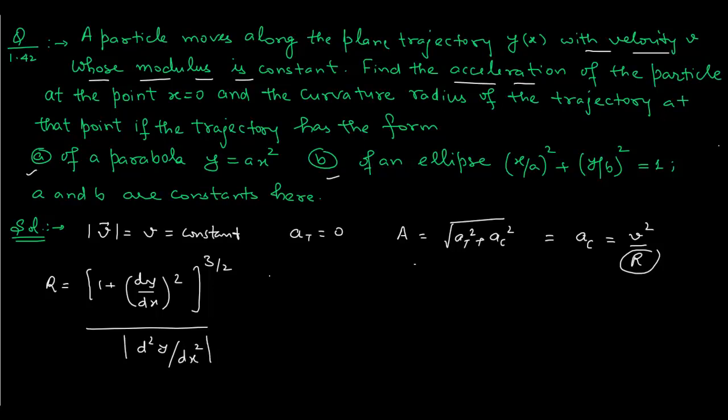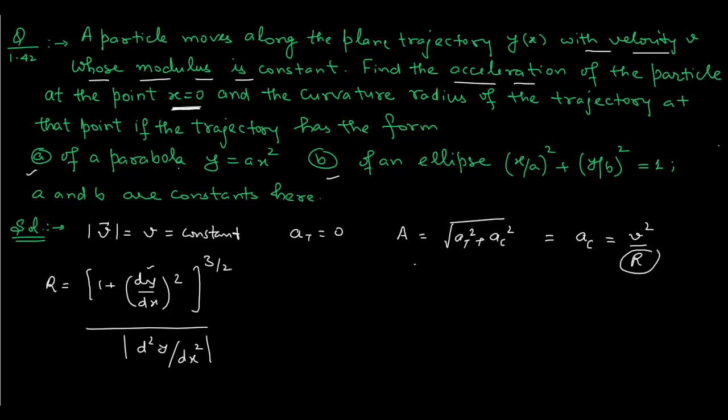Clear? So if we calculate this dy by dx and then the double derivative, d square y by dx square, we get the radius of curvature, and we have to find this radius of curvature at x equal to 0.